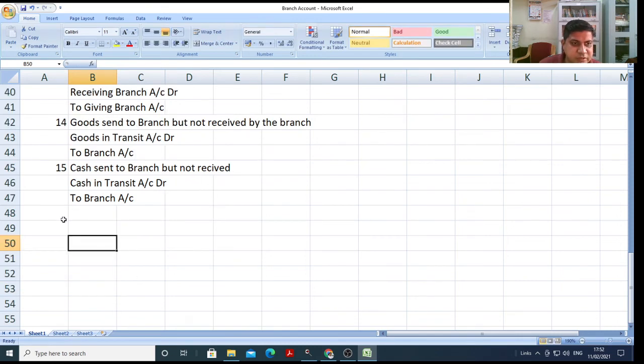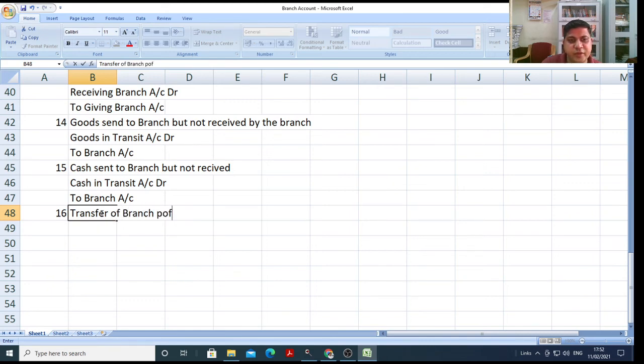Now next is entry number 16. Transfer of branch profit to general profit and loss account.